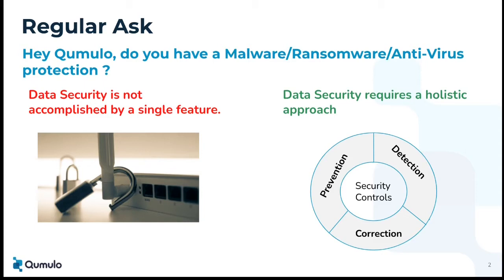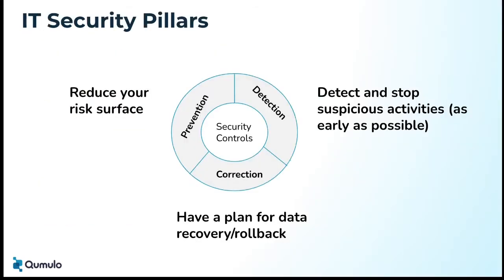Prevention is a lot about reducing the risk surface so that potential attackers don't find a lot of holes or possibilities to get into your system or into your network even. And then if that happens, you want to detect and stop suspicious activities as early as possible in your network.